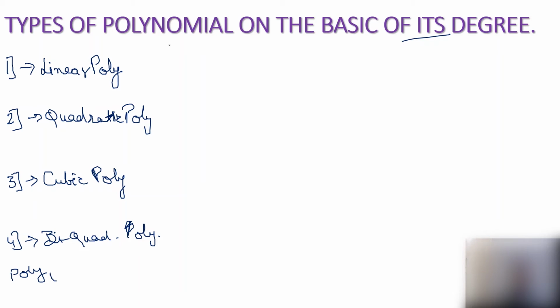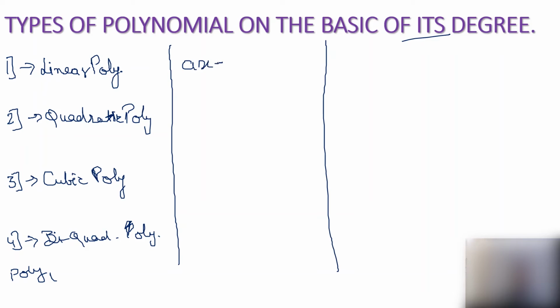Let's have a look at their standard forms, and we'll have a few examples for this. A linear polynomial is of the form ax plus b, where the additional condition is that a should not equal 0. And for a quadratic polynomial, ax square plus bx plus c, where a is not equal to 0.